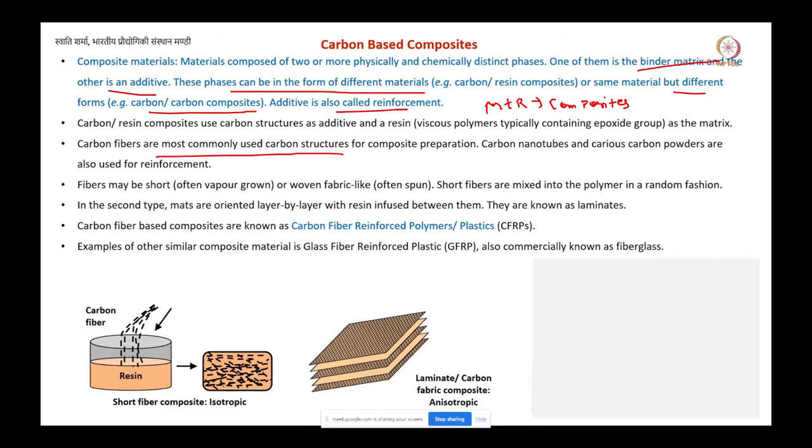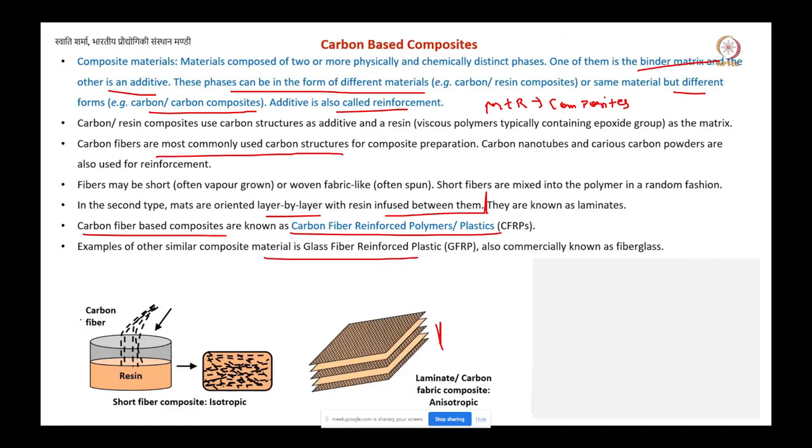In the second type, mats are oriented layer by layer, and the resin is infused between them. They are known as laminates. Carbon fiber based composites are known as carbon fiber reinforced polymer or plastic. An example of other similar composite materials is glass fiber reinforced plastic, also commonly known as fiberglass.